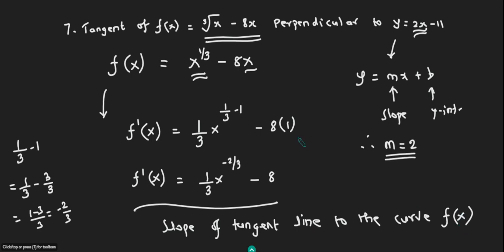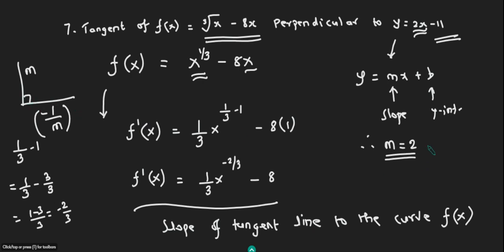And since the tangent line is perpendicular to the line y equals 2x minus 11, we should know that when two lines are perpendicular to each other, suppose the slope of one of the lines is m, then the slope of the other line is given by the negative reciprocal of the slope of the first line. So this is by the concept of perpendicular lines using the slope concept.